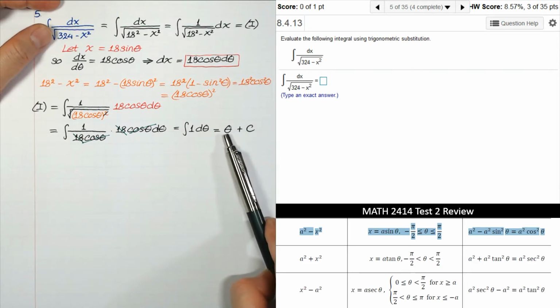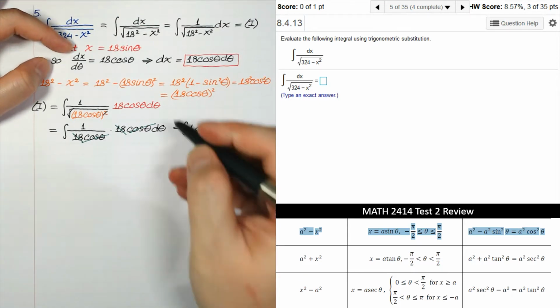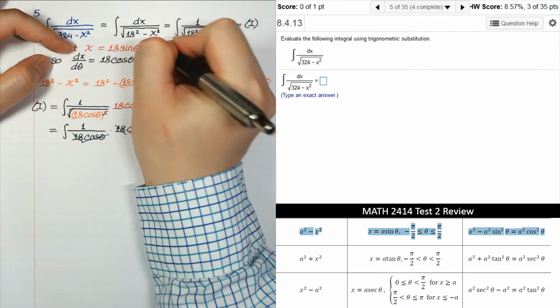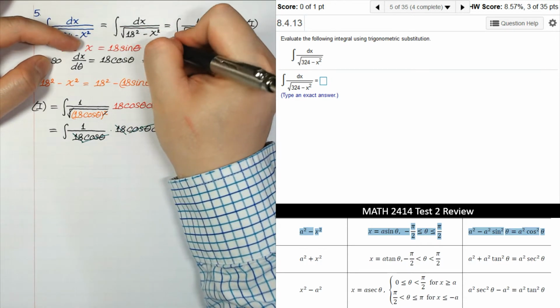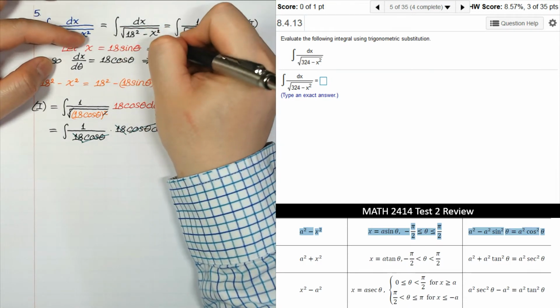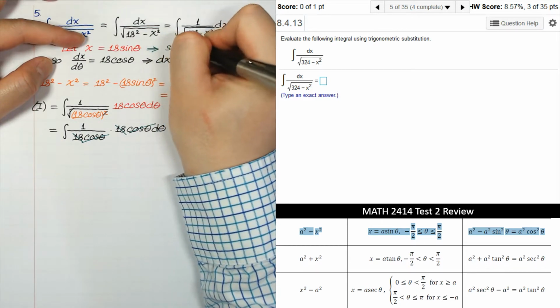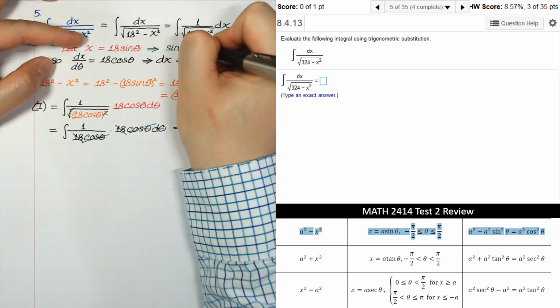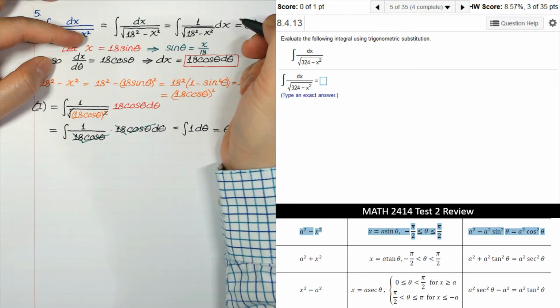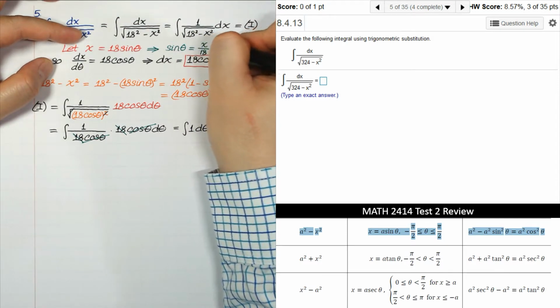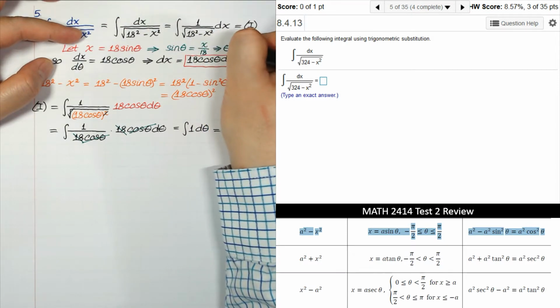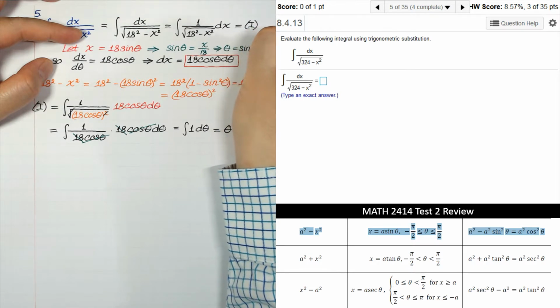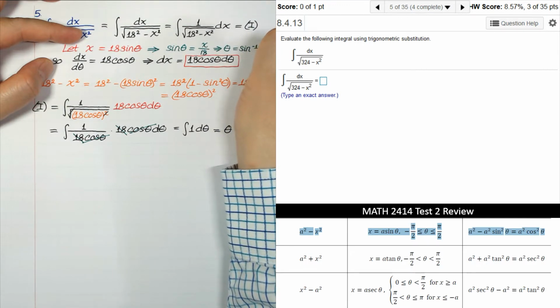So we just need to find theta. Now go back to the substitution we used before. We solve for sine theta. It's x over 18. And then to get back to theta, it is sine inverse of x over 18.